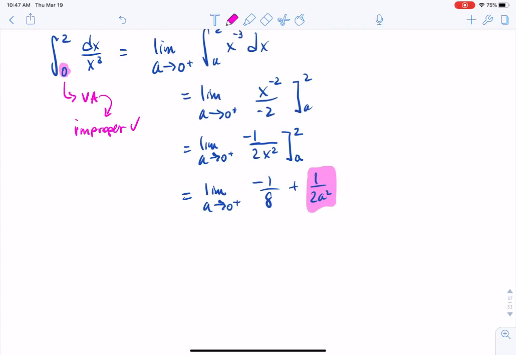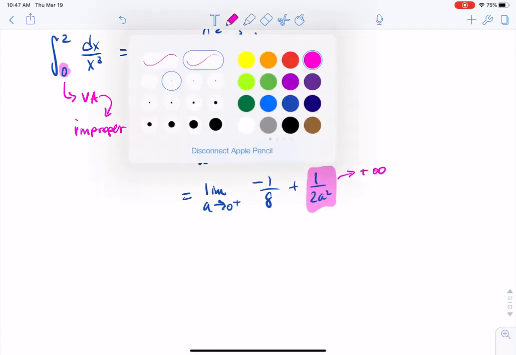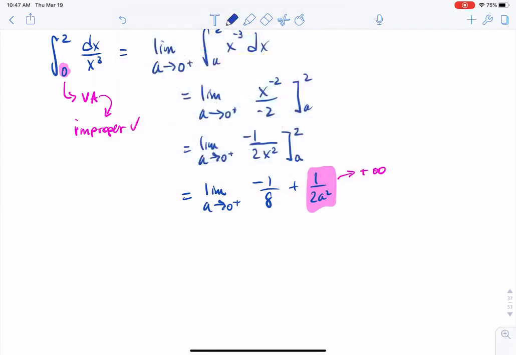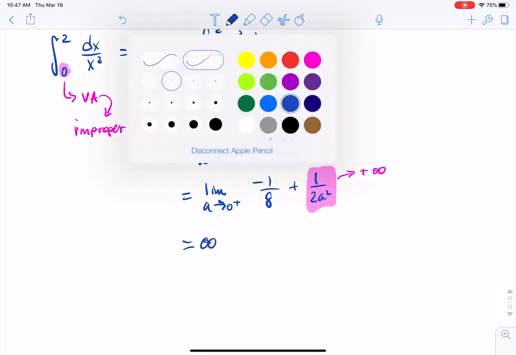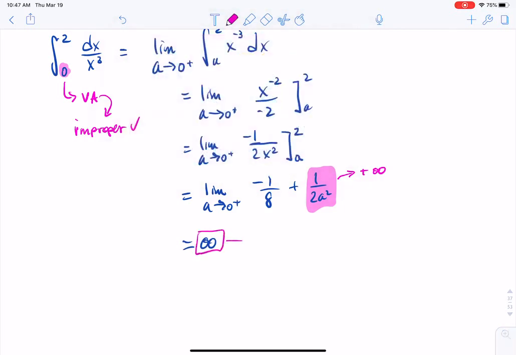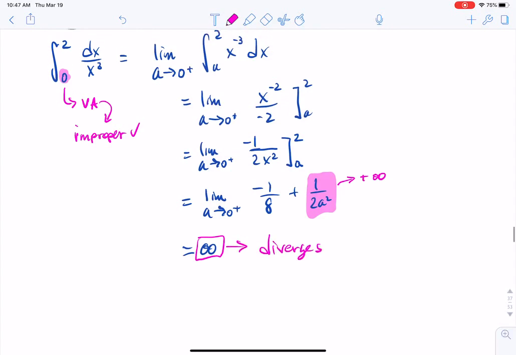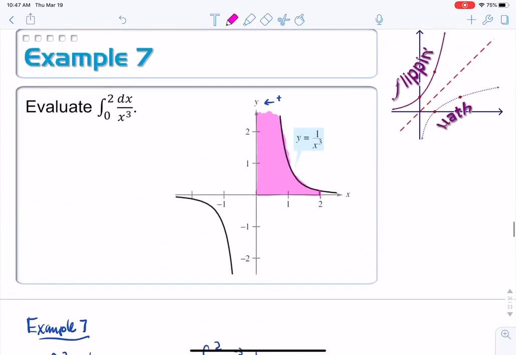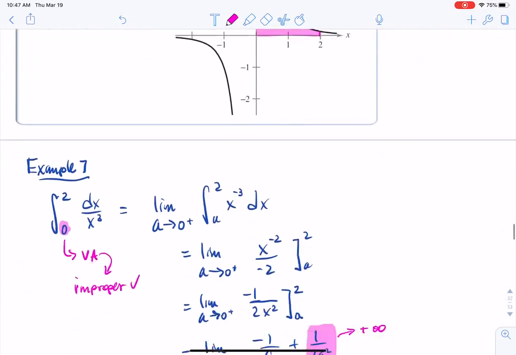So this is going to tend towards positive infinity. So this one is infinity, which means that this area diverges. As x gets closer and closer to 0, this area is getting bigger and bigger, infinitely big.